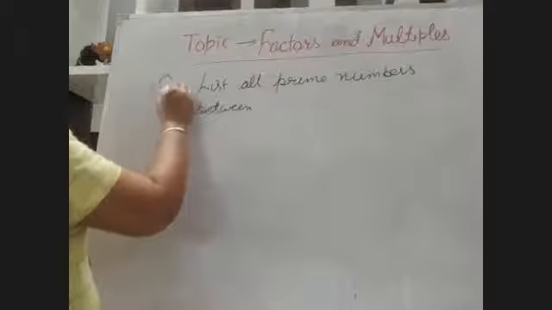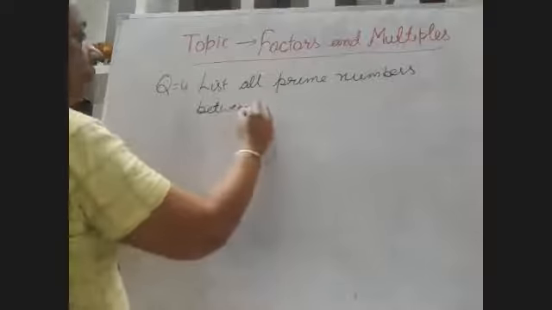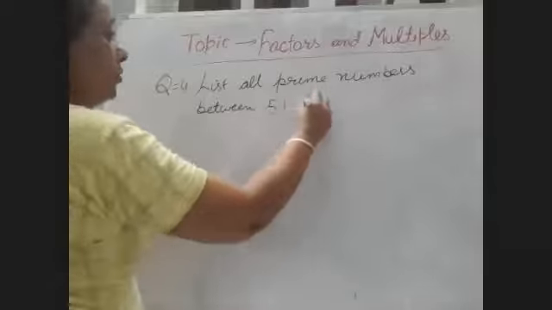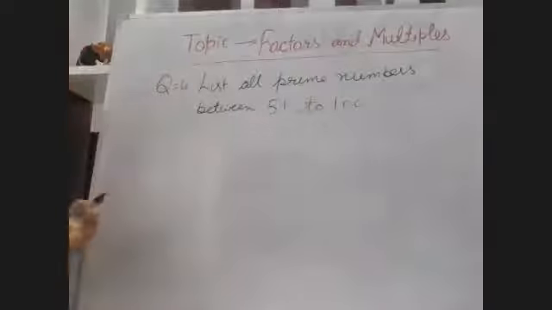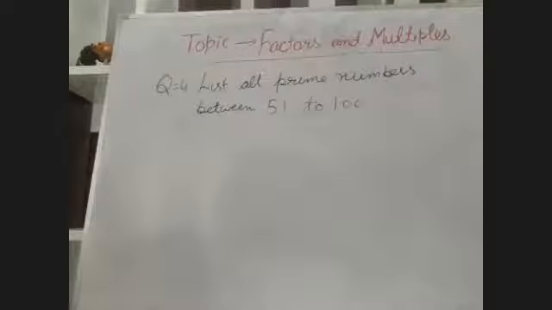Question number 4, between 51 to 100. Now list all prime numbers between 51 to 100.